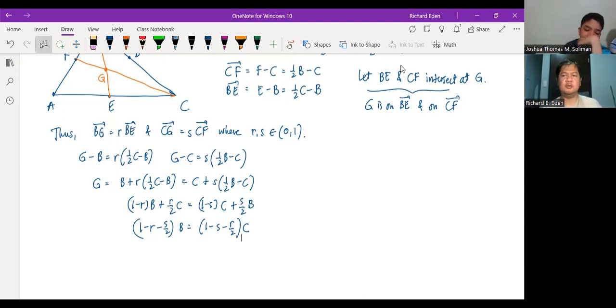So wait, here we have the following statement. B and C are multiples of each other. But then, hey, when two vectors are multiples of each other, doesn't that mean they're parallel?